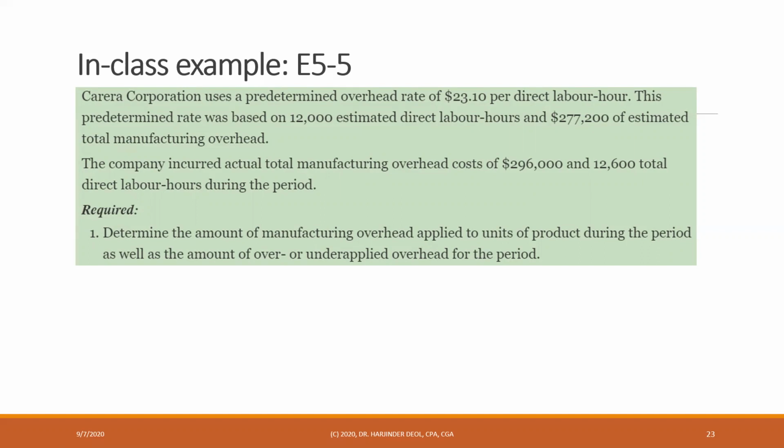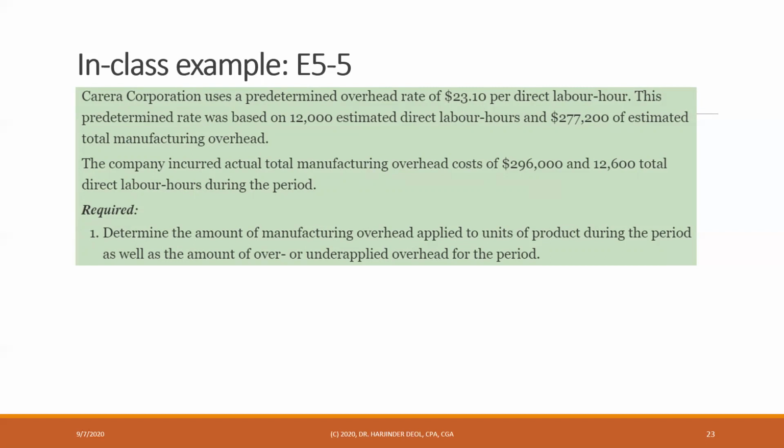If you actually do the math, 277,200 divided by 12,000 does work out to $23.10. So in this case, they gave us the predetermined overhead rate. The company incurred actual total manufacturing overhead costs of $296,000 and 12,600 total direct labor hours during the period.